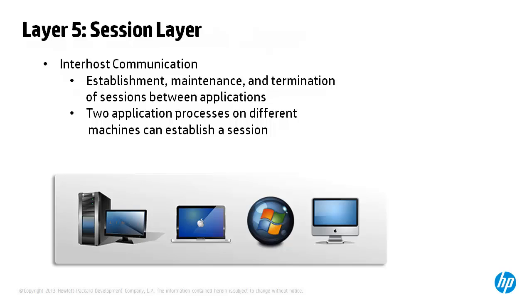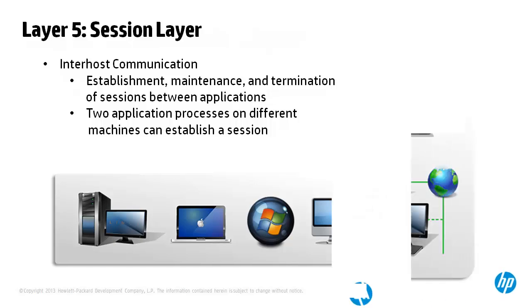A well-known example from the Microsoft world is NetBIOS, or Network Basic Input-Output System, and lastly, Point-to-Point Tunneling Protocol, or PPTP. So various protocols at this layer ensure that requests and responses between applications can work properly over a session between those end-user application processes.